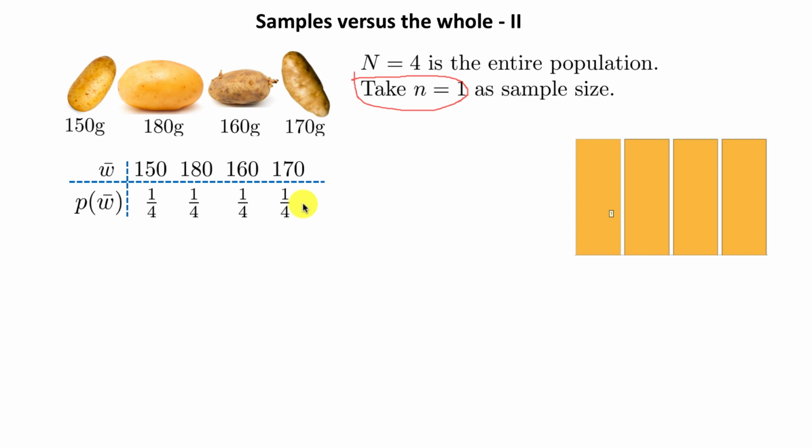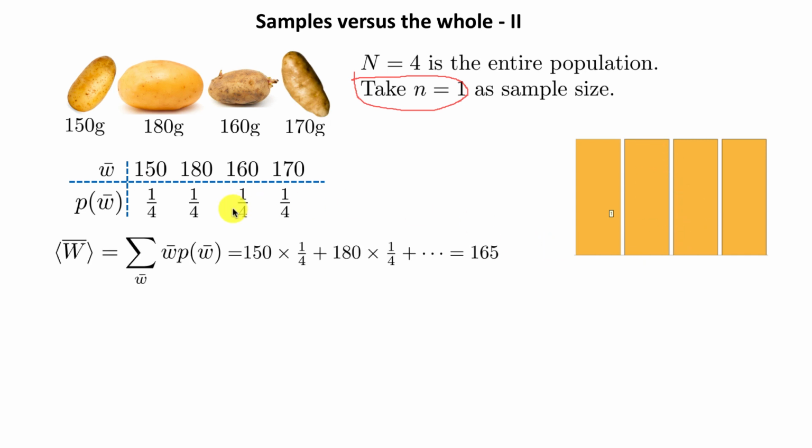And so if you make a histogram, of course, they're all the same height, 1/4 each. If you take the average weight of the potatoes, well, then it's 150 times 1/4, 180 times 1/4, 160 times 1/4, 170 times 1/4, and that's 165, which is exactly what we had before.